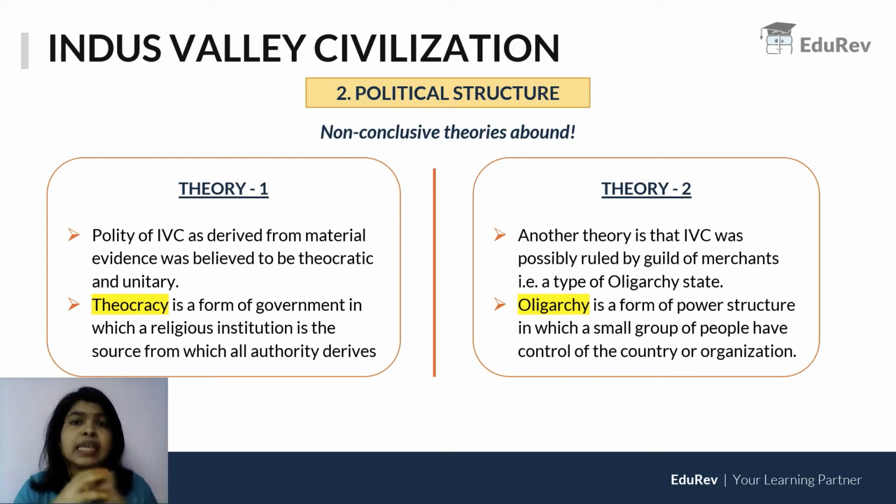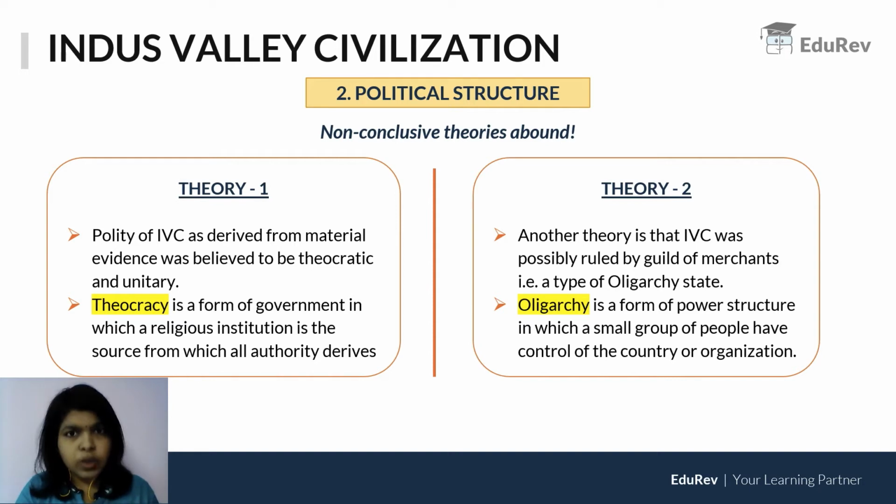When this small group holds the power, you call it an oligarchical state. These are the two theories running about with regard to the political structure, but no conclusive theories have been found yet.